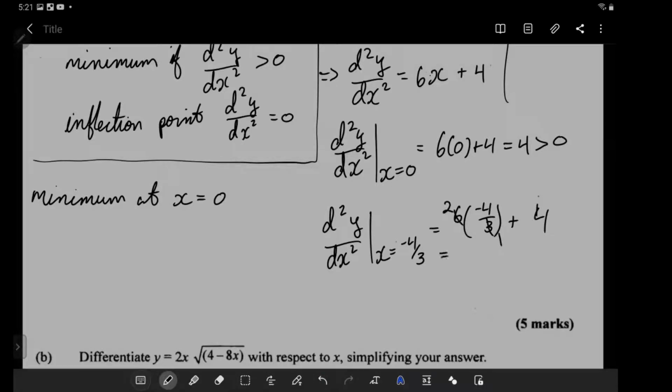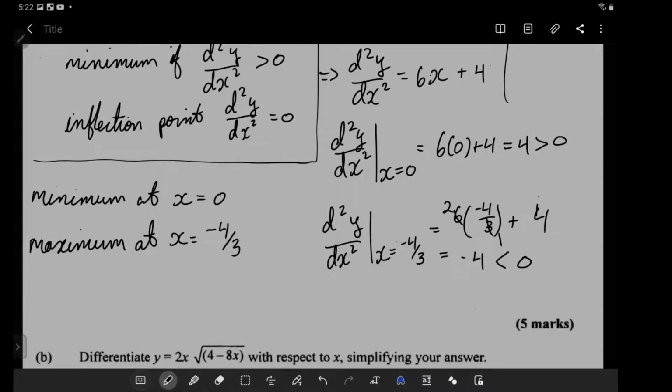So this is negative 2 by 4, that is negative 8. Negative 8 plus 4, that is negative 4. But what is that? That is actually less than 0. So that means maximum at x equal negative 4 thirds.